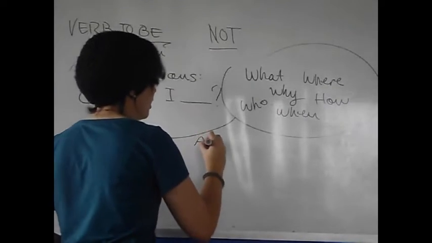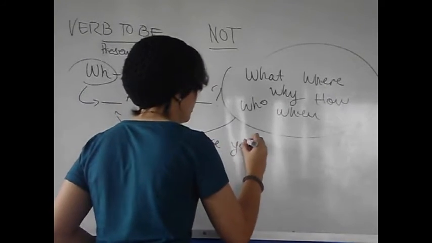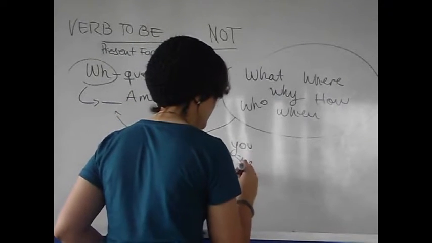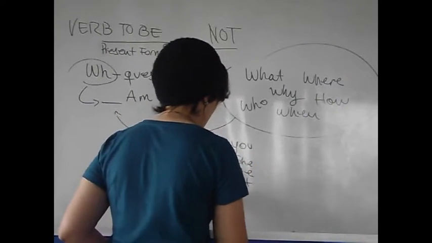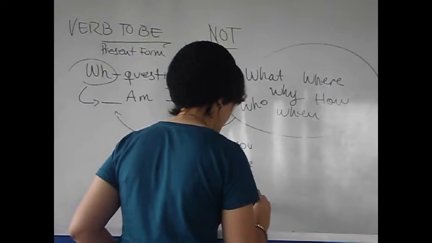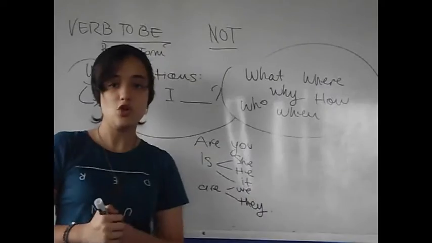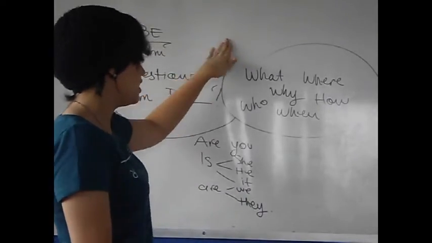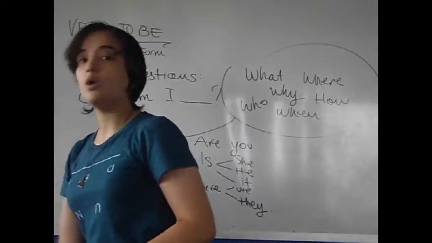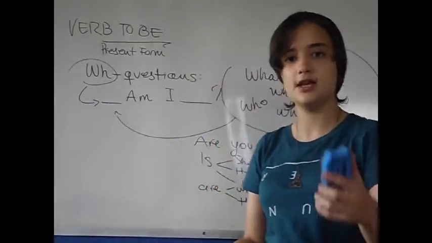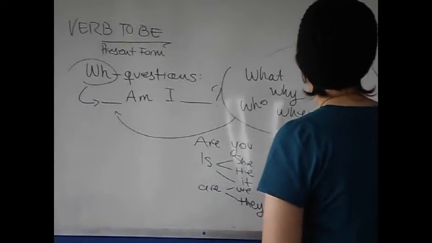Same happens with are you, with is she, is he, and is it, and are we, and they. Right? So knowing how these conjugations occurred allows us to make different sentences in different ways.